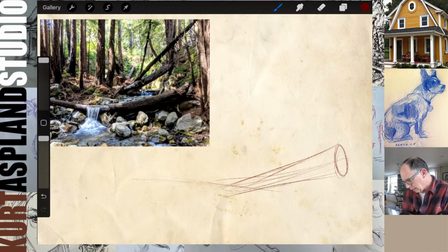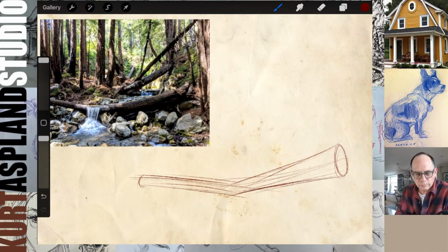And then this is going to come back over here, and then of course that oval is going to be that way. Okay, I can see that half of this tree is going to be in tone, so I could do something like this on the lower half there.